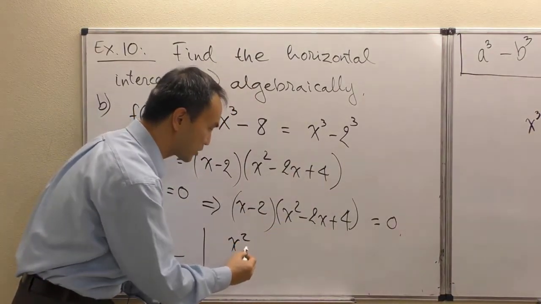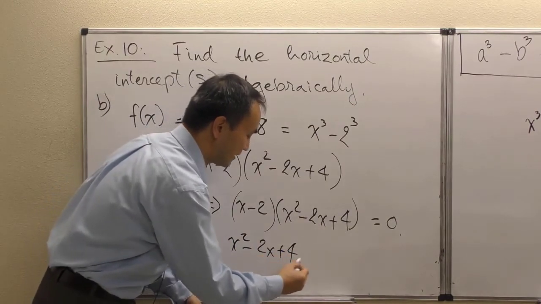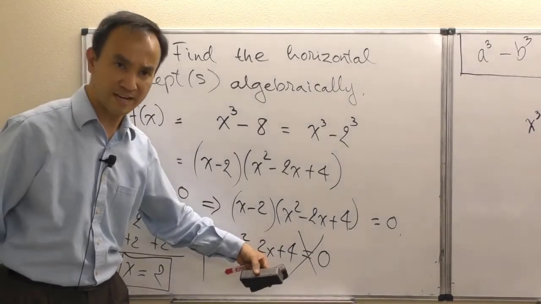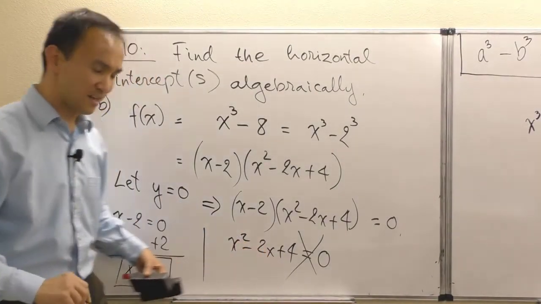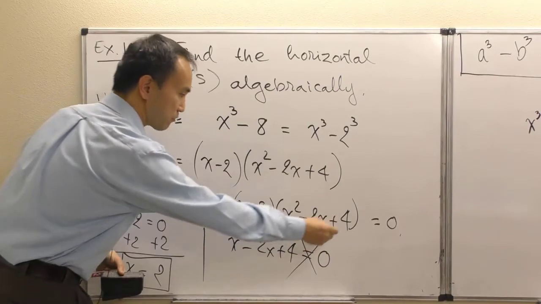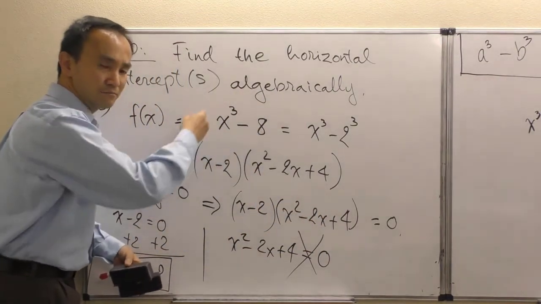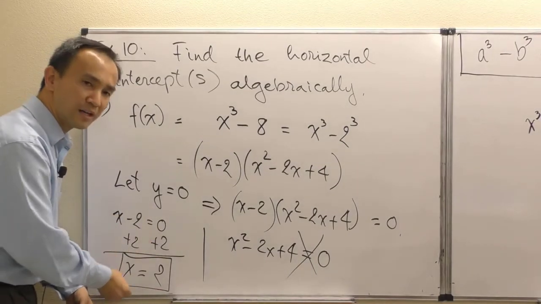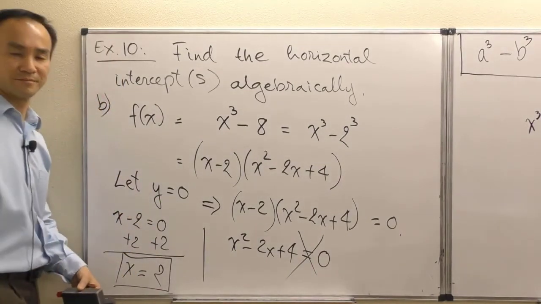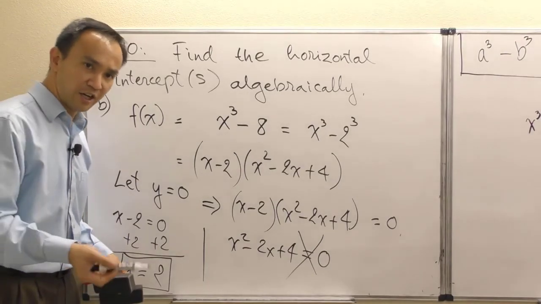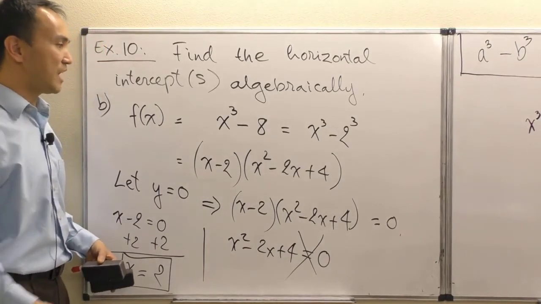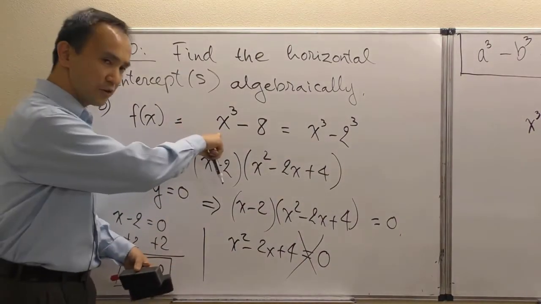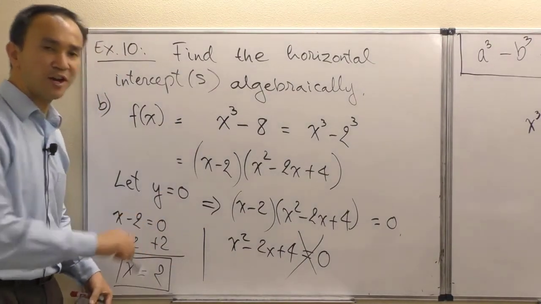Because think about x squared minus 2x plus 4: if we set that equal to 0, it won't be true. So we won't even have to worry about that. Another way of saying this is that this entire polynomial has only one horizontal intercept. That's the logical argument. It's a cubic, degree 3, but we found only one horizontal intercept.